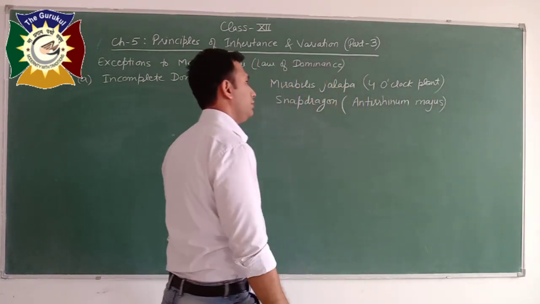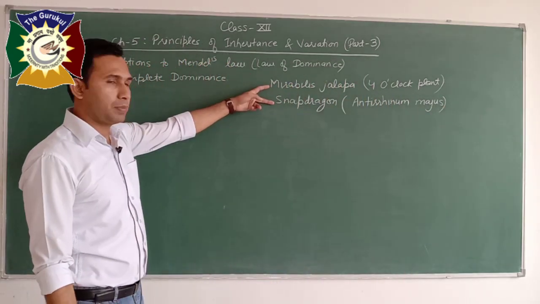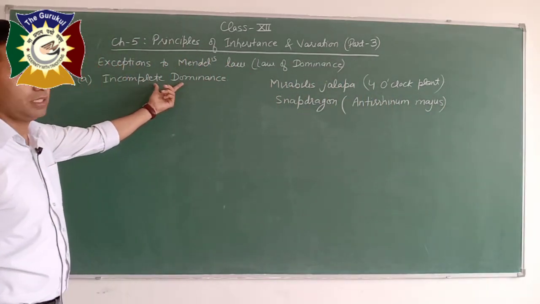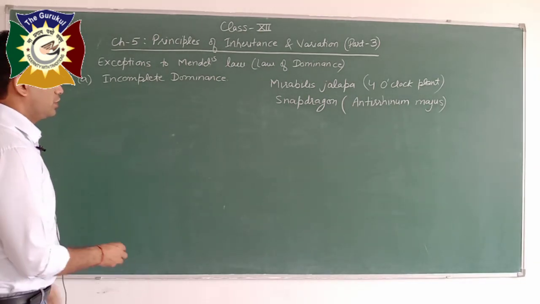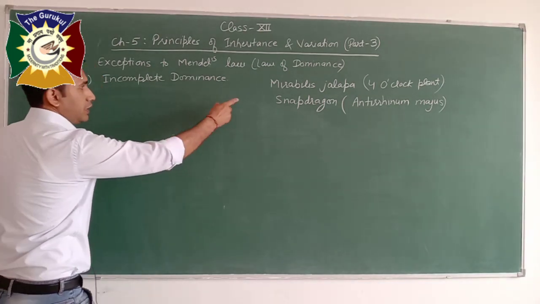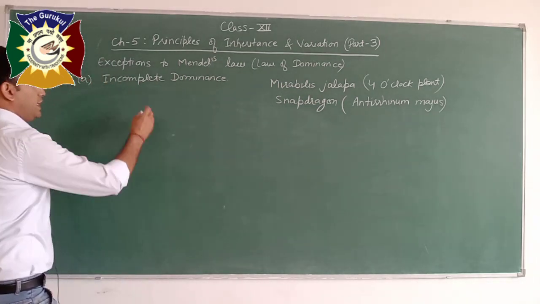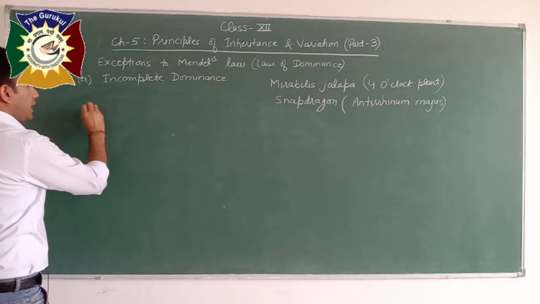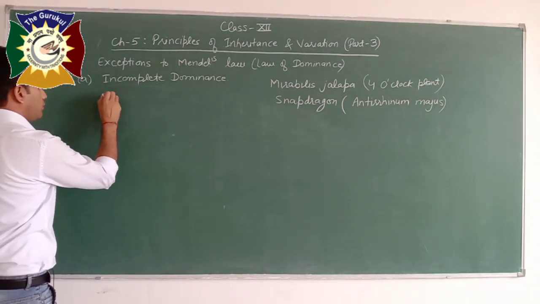So these are 2 plants in which this phenomenon has been observed. In these 2 plants, Mendel chose a character. The name of the character is flower color.